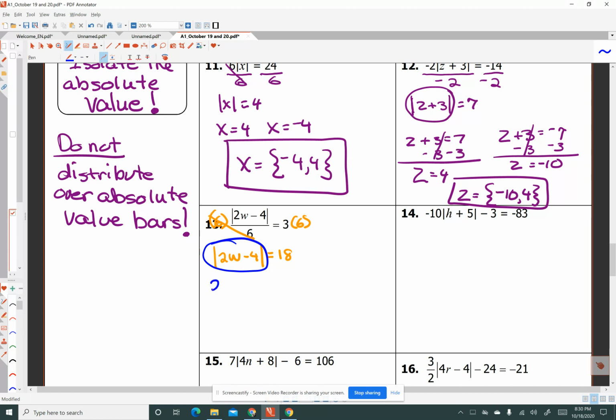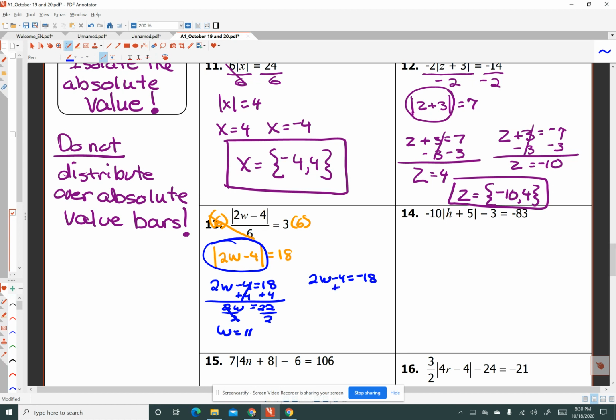So 2w minus 4 equals 18. 2w minus 4 equals negative 18. So we'll add 4 to both sides of this equation. 2w equals 22. We'll divide both sides by 2. And w equals 11.